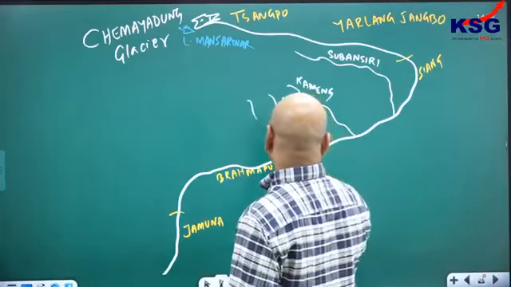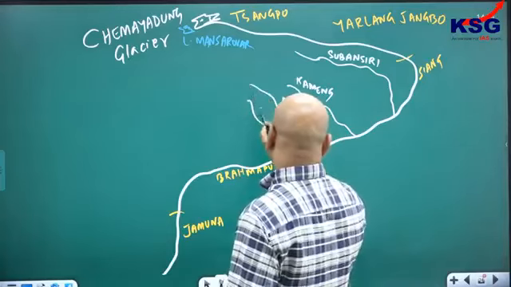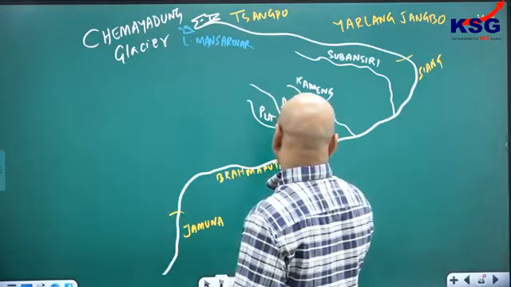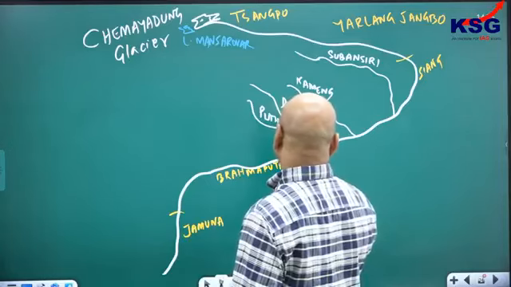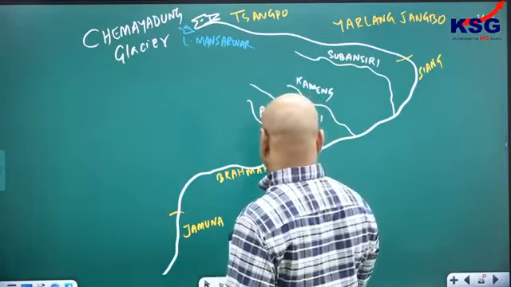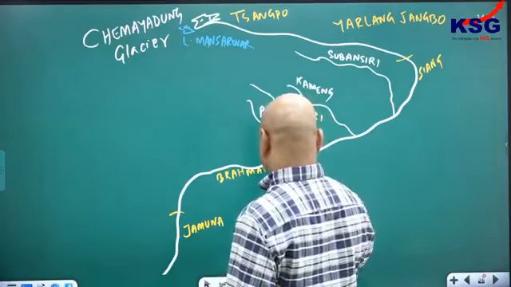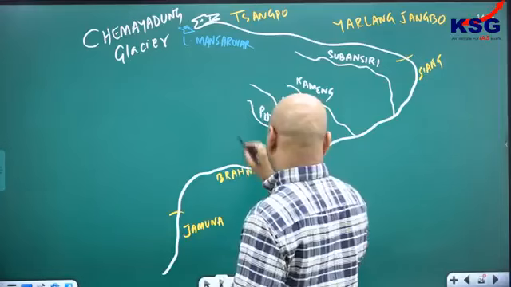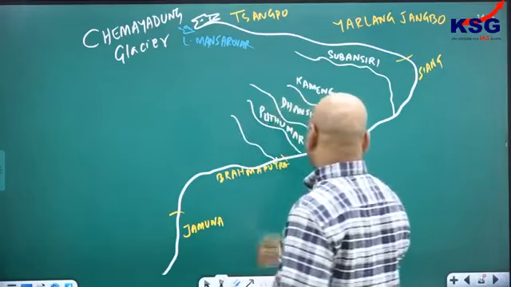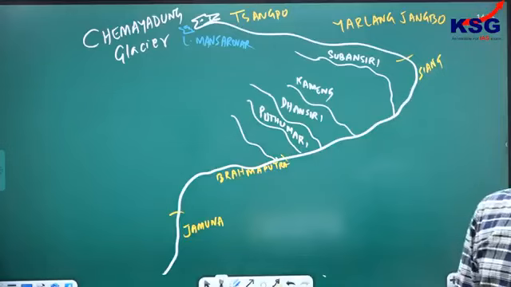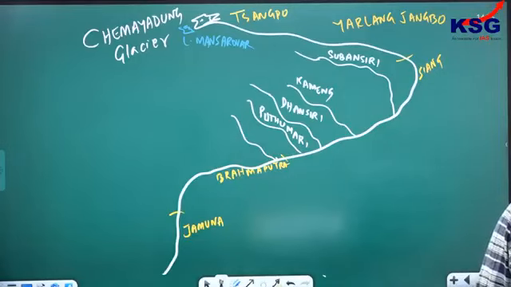Then you have Puthimari. Rivers Kameng, Dhansiri, and here you have Puthimari. Can you see that?